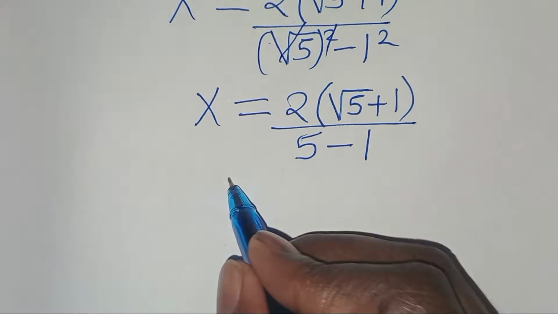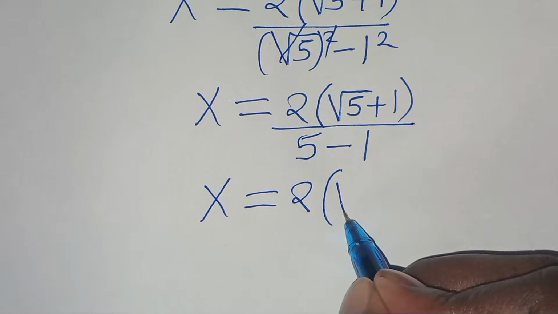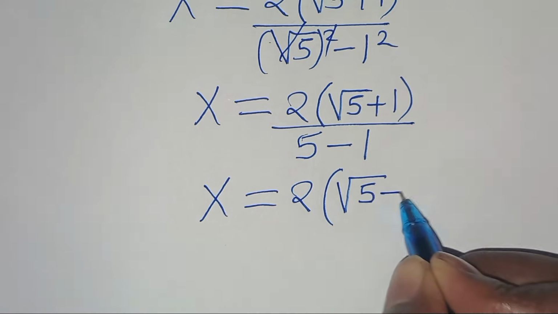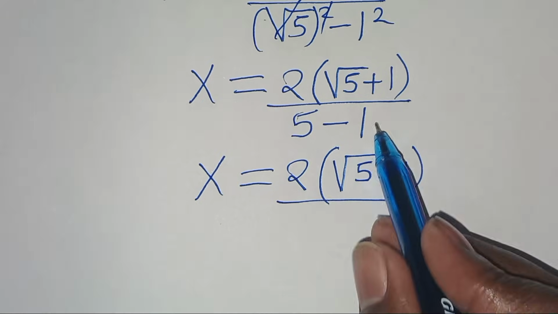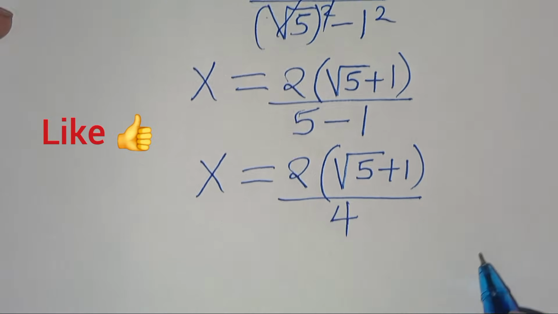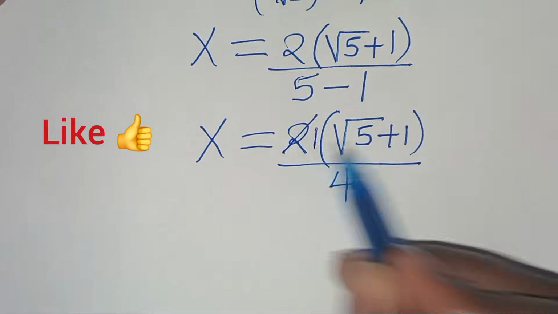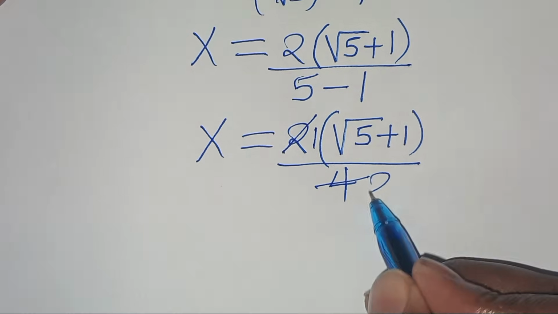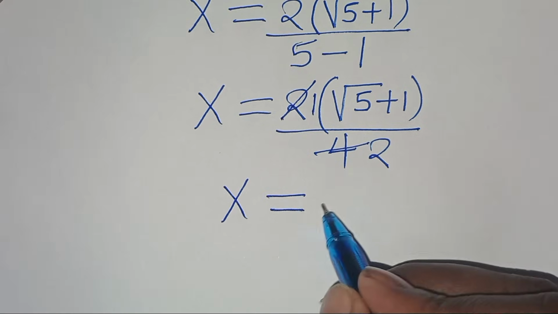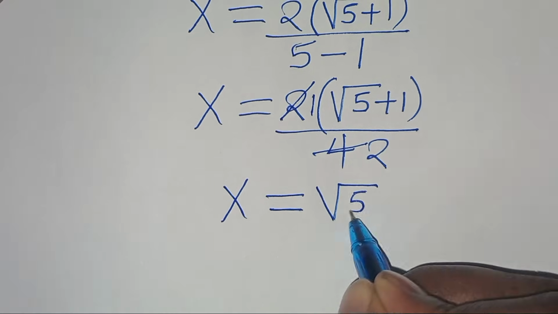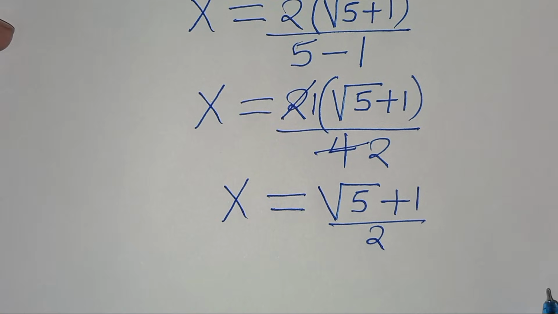So that now x is equal to 2 into the parentheses, this is square root of 5 plus 1 divided by 5 minus 1, which is 4. So we have, let's divide this, 2 divided by 2 is 1, 4 divided by 2, this is 2. So we have x is equal to square root of 5 plus 1 divided by 2.